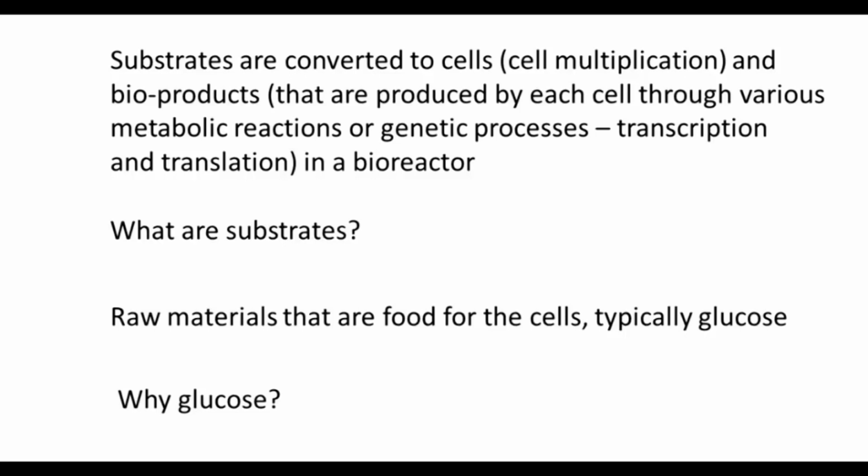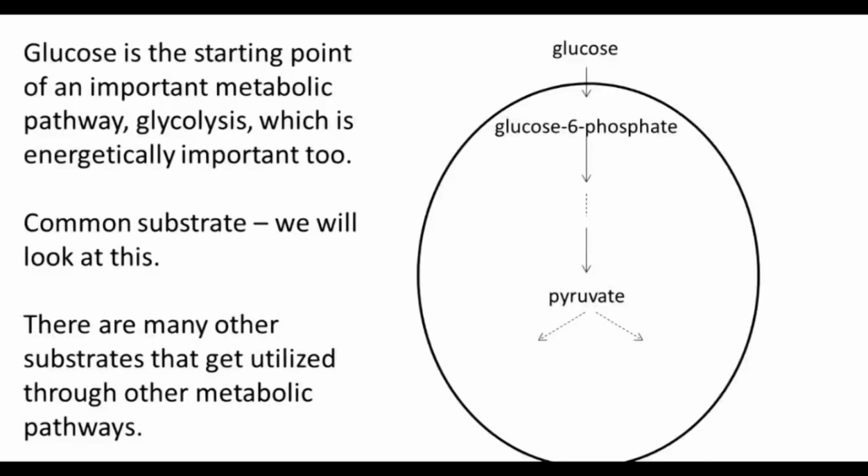Why are we looking at glucose? Because glucose is the starting point of an important metabolic pathway in the cell called glycolysis, and glycolysis has importance from the energy aspects too. It provides energy to the cell. It is necessary to provide energy to the cell and so on.